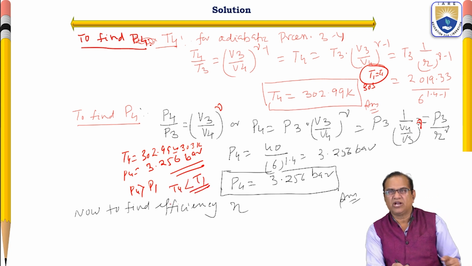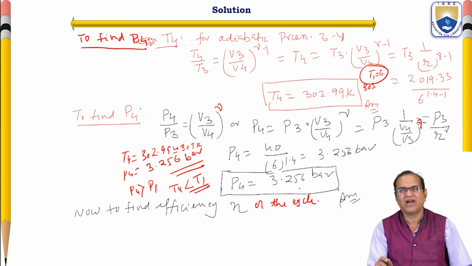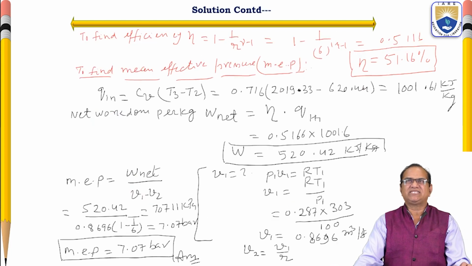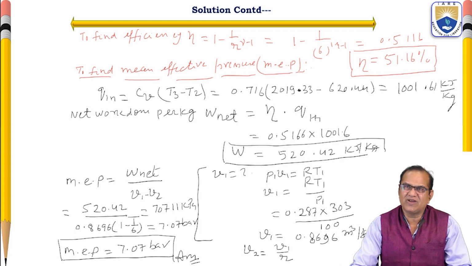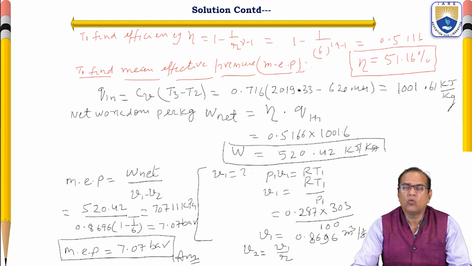This we have got. So now to find the efficiency of the cycle, how to find it? We know that for the Otto cycle we can directly put the equation: eta is equal to 1 minus 1 by R to the power gamma minus 1.